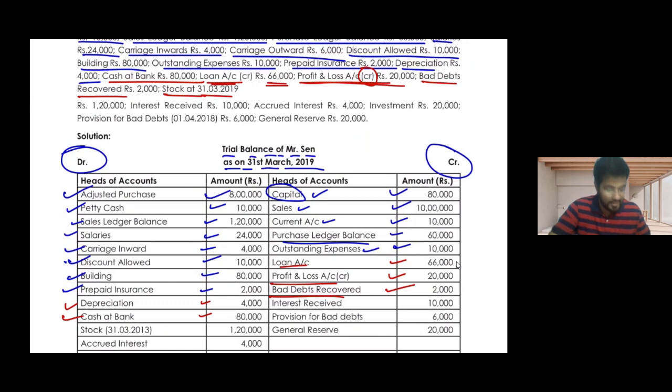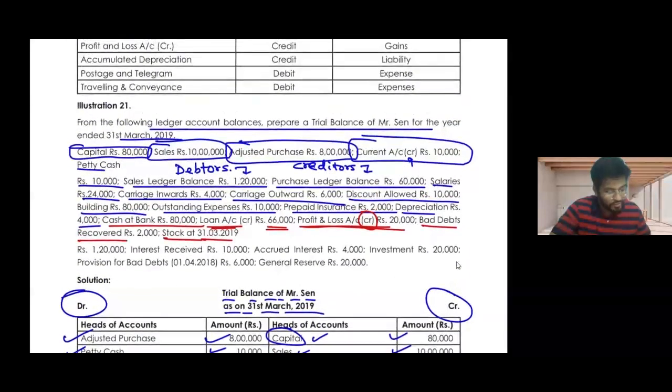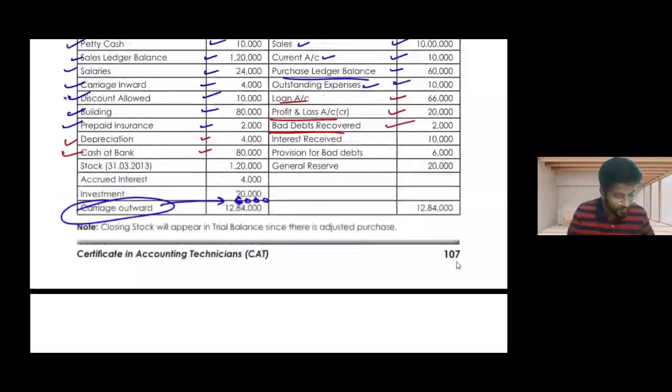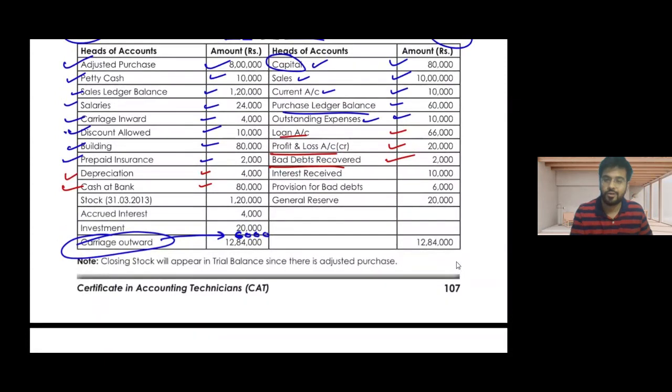Then we have stock as on 31st of March 2019. Okay, so we are preparing the trial balance as of 31st of March 2019, and they have given me the stock on that date. So this is called the closing stock. Always remember, the closing stock will not form part of your trial balance. I will not write it either on the debit side or on the credit side.